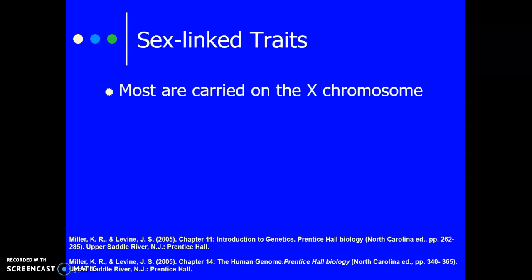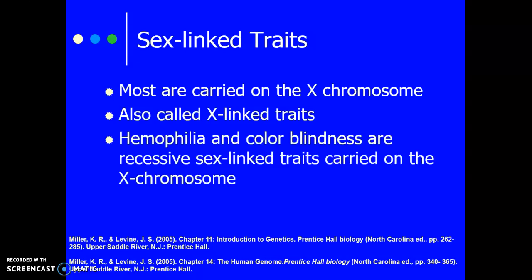When we talk about traits that are sex-linked, because all organisms have to have at least one X chromosome, those particular traits are going to be linked to the X chromosome only. There are traits that are linked to Y chromosomes, but the X chromosome is the one where we're going to find these sex-linked, or some will call them X-linked traits. All right.